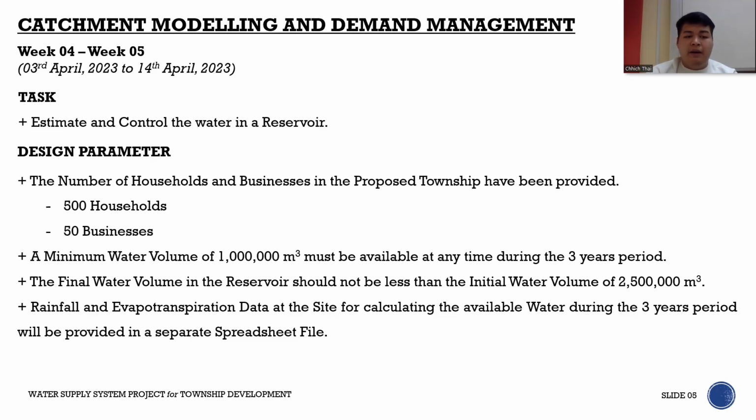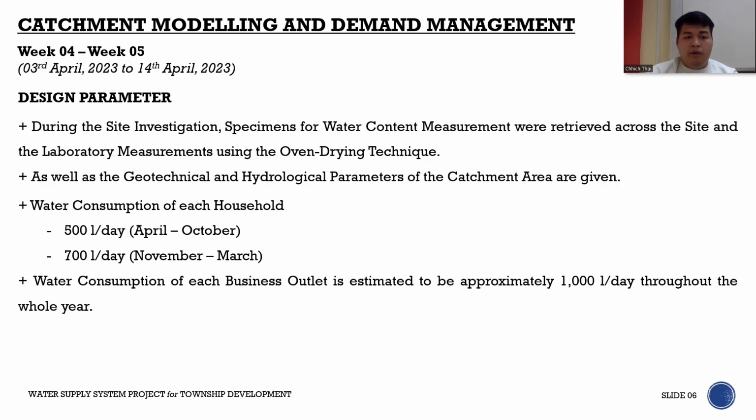The rainfall and evapotranspiration data will be provided in spreadsheet files during those 3 years to calculate the available water. Moreover, during the site inspection, we also collected soil specimens to calculate the water content, and the geotechnical and hydrological parameters of the catchment area are also given.